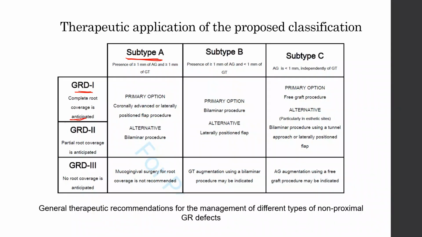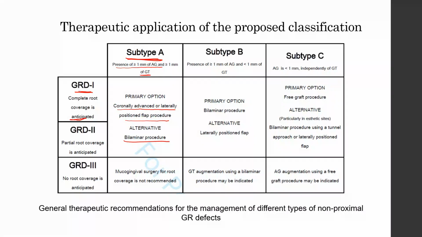That means complete root coverage can be expected. But with GRD1 in combination with subtype A of the gingival biotype, where there is more than 1 mm of attached gingiva and gingival thickness, the primary option should be coronally advanced or laterally positioned flap procedure.